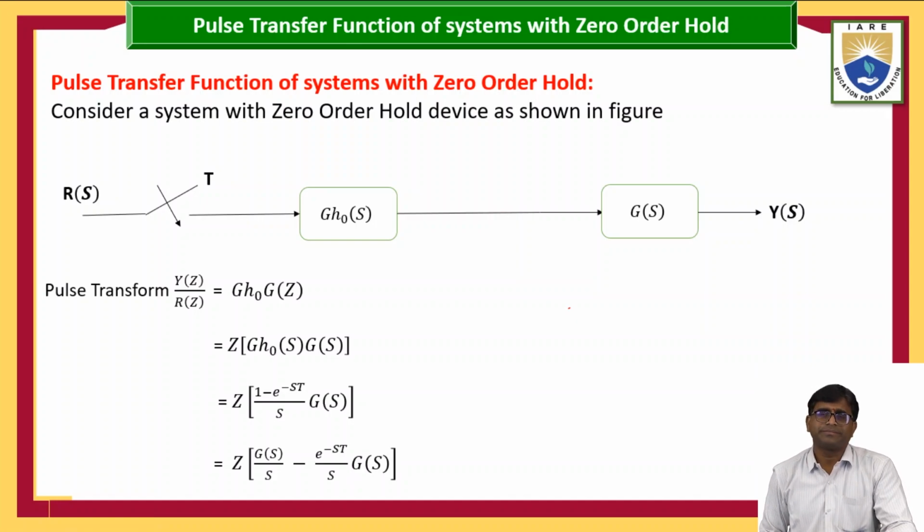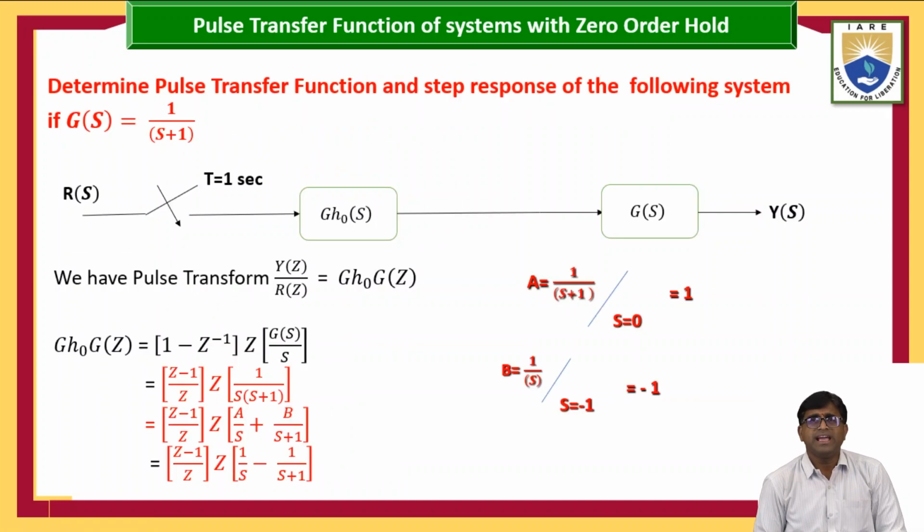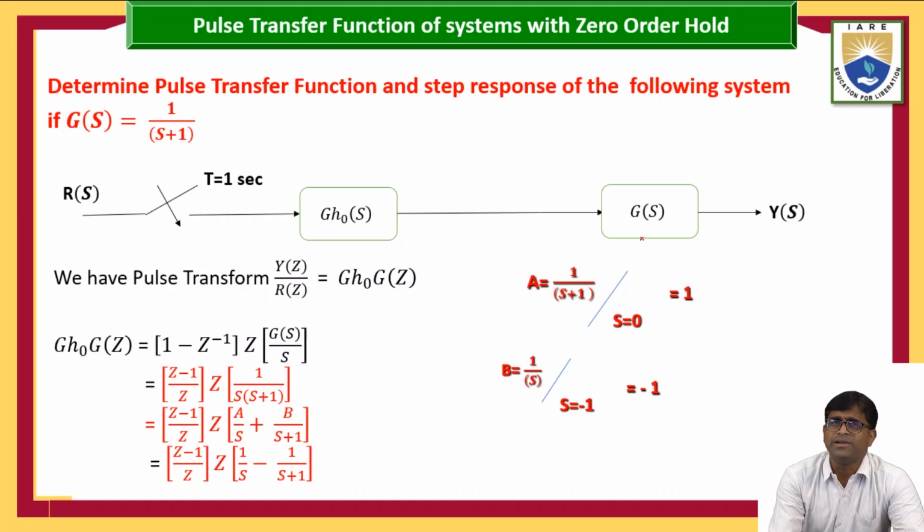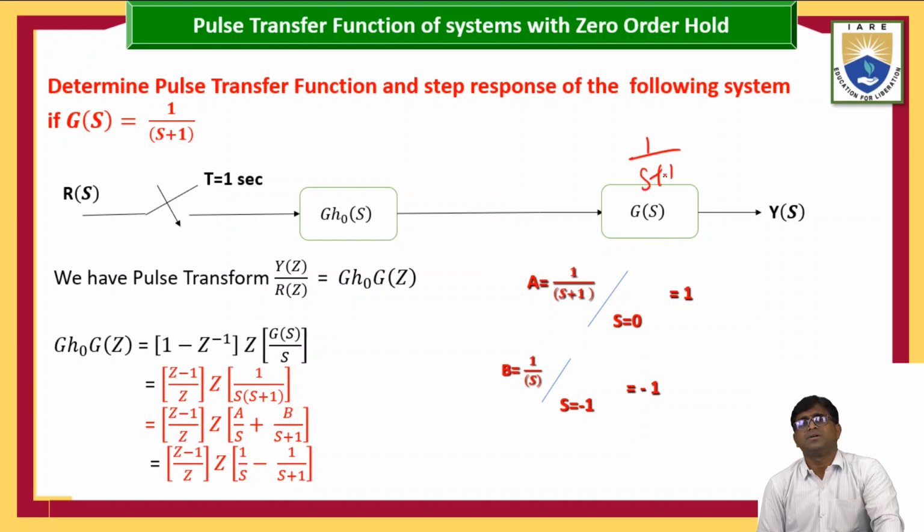Coming to the next problem, here I am changing the G of S function. I am taking G of S as 1 by S plus 1. Find the pulse transfer function of this one.